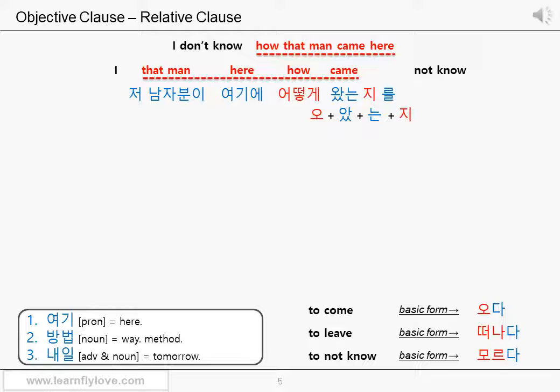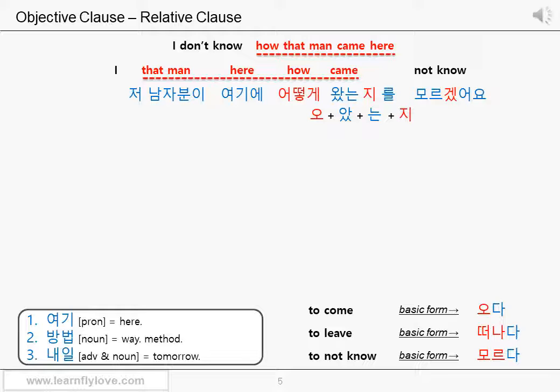The basic form of the verb not know in Korean is 모르다. 모르 is the stem. Let's add 겠 sound a little bit neutral, modest, and polite. And add 어요 instead of 아요 because the final block 겠 has 에 vowel. You know you add 아요 only when there is 오 or 아 vowel in the final block, right?